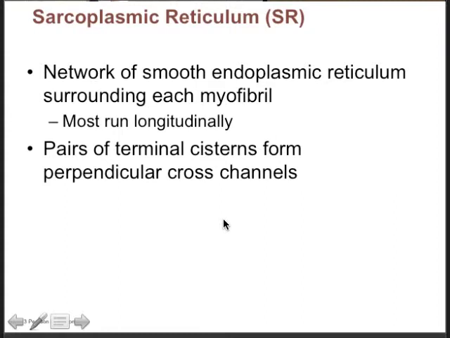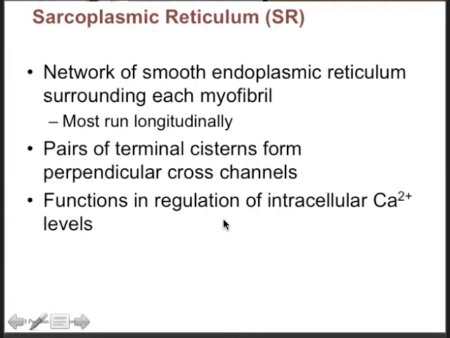Now, you might say, what in the heck is a terminal cistern? Essentially, this is a swelling that's at the portion of the sarcoplasmic reticulum that's nearest an invagination of the cell membrane called the T-tubule. Okay, and we'll see that it's these structures, the T-tubules and the terminal cisternae, that form the initiation of calcium release inside the muscle cell that ultimately leads to contraction.